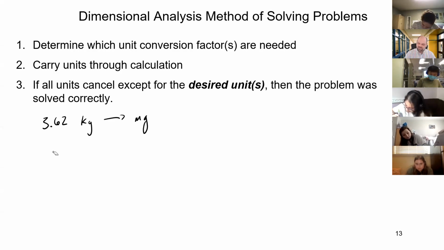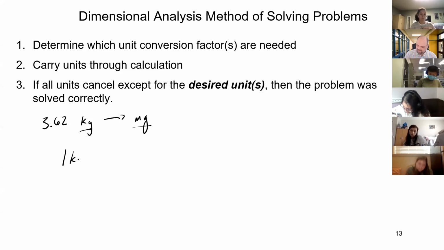To figure out what our conversion factors are, we have to know how this initial unit and this final unit are related. And they're related through grams. Maybe you know the conversion directly between kilogram and milligram, but I'm going to assume that we don't. And so I need to convert both of these. I'm going to go through grams to get from kilogram to milligram.